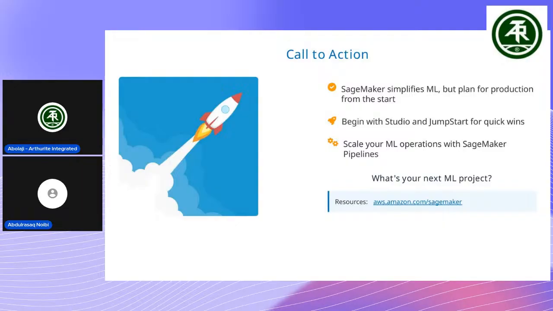Yes, I believe that answers the question. Thank you very much, Mr. Razak. So, for the last question, the person is asking how do businesses balance cost with performance when deploying machine learning at scale? I'll put that again.